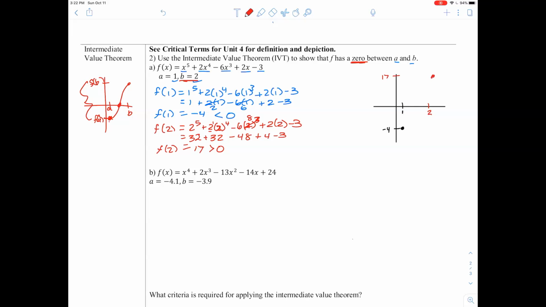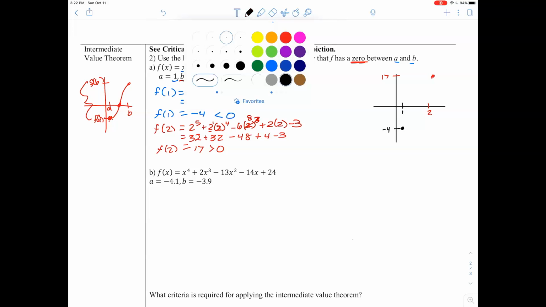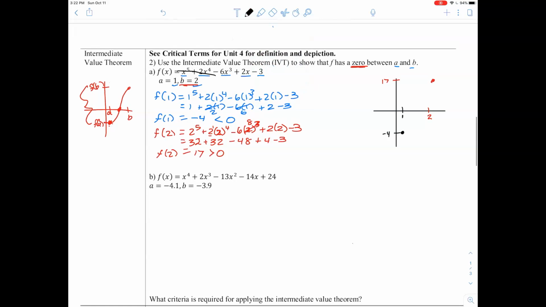Okay, and so the question here is to show that the function has a 0 between a and b. Well, because this is a polynomial function, and it's definitely a curve because it's not linear, the graph has to have a 0 somewhere, because the values are between those 2 points.